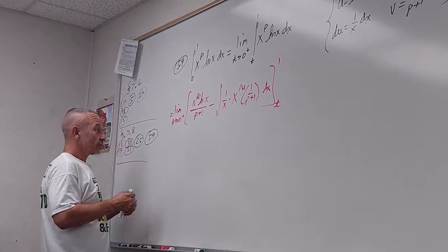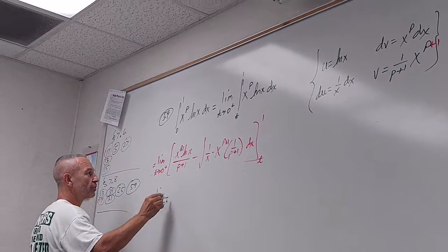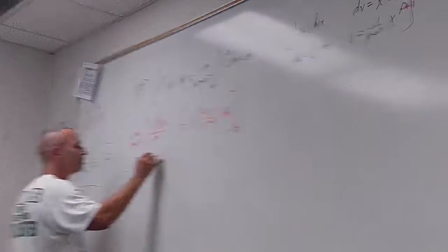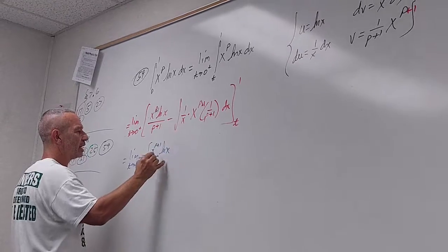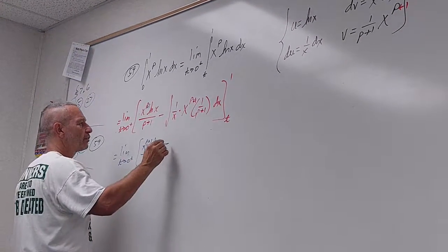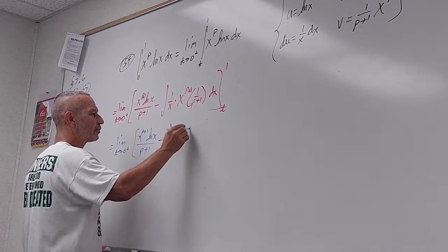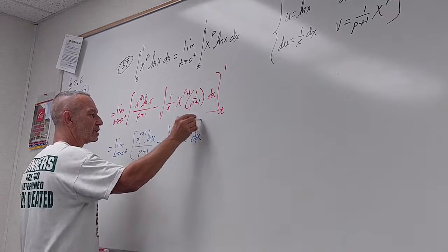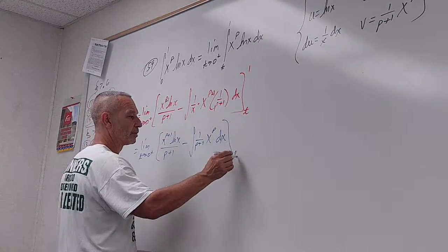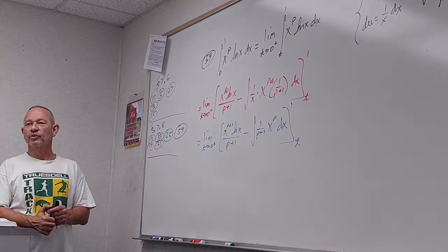All right, so limit as t goes to 0 from the right, and what do we have there? x to the p plus 1 ln x over p plus 1 minus the integral of 1 over p plus 1 x to the p dx, all evaluated t to 1. How am I doing so far?